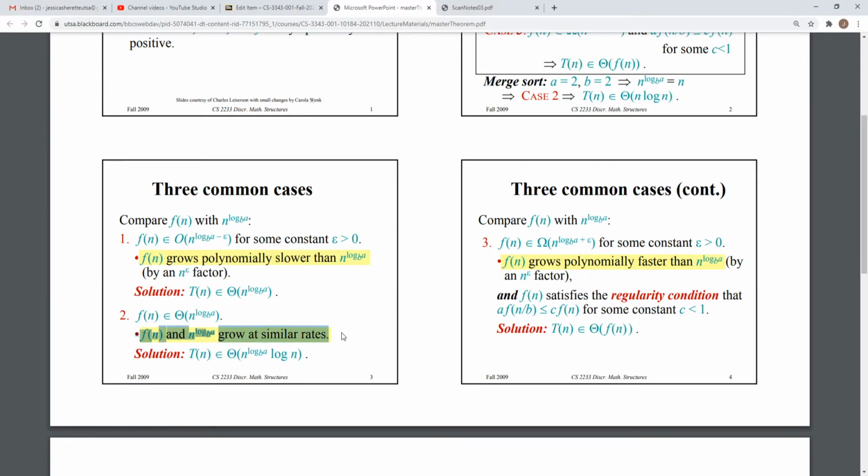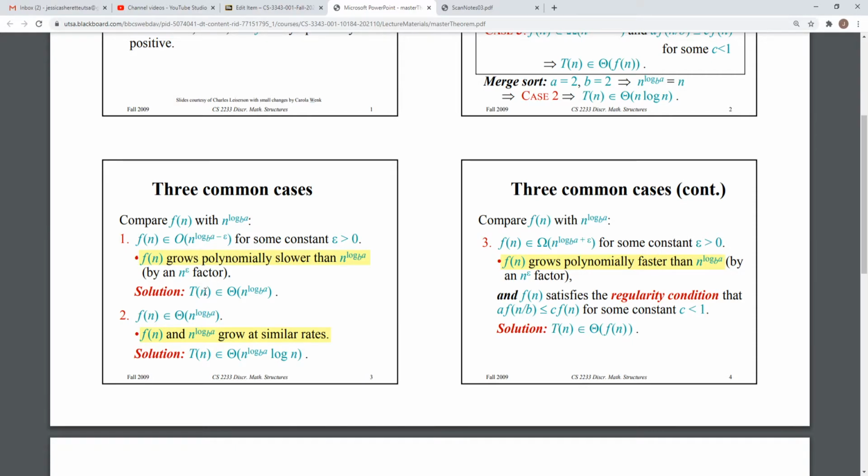In case 2, they grow at similar rates. Here, they do not grow at similar rates. Actually, they differ by at least n to the epsilon. So that's why this exists, to avoid case 2 happening when it's actually a strictly faster growth rate, right? When it's a strictly faster growth rate, we actually want to find that difference.